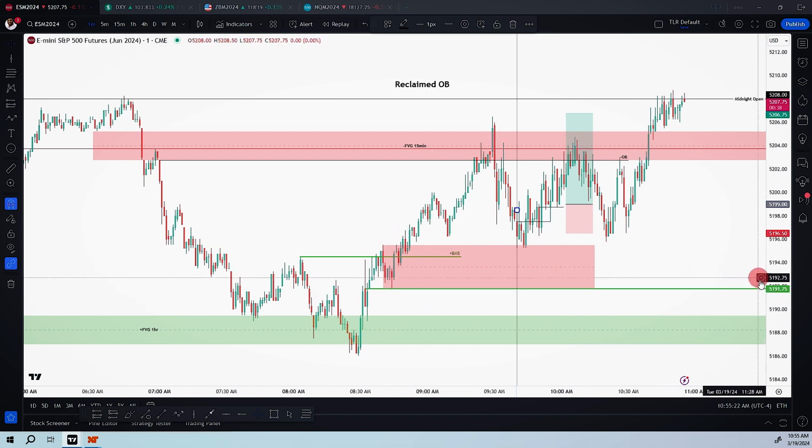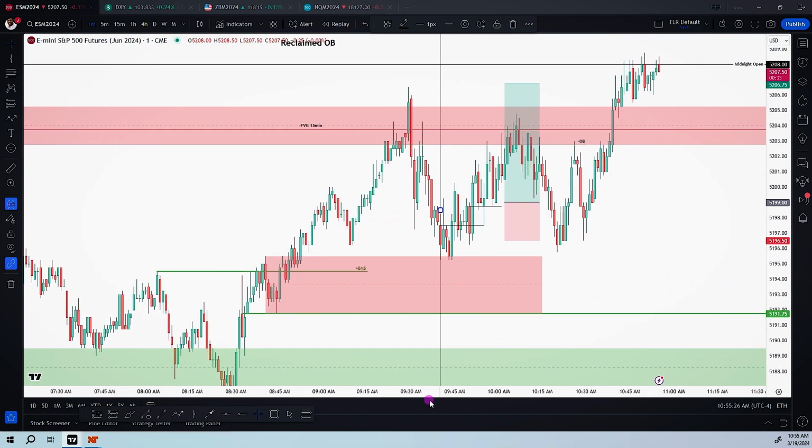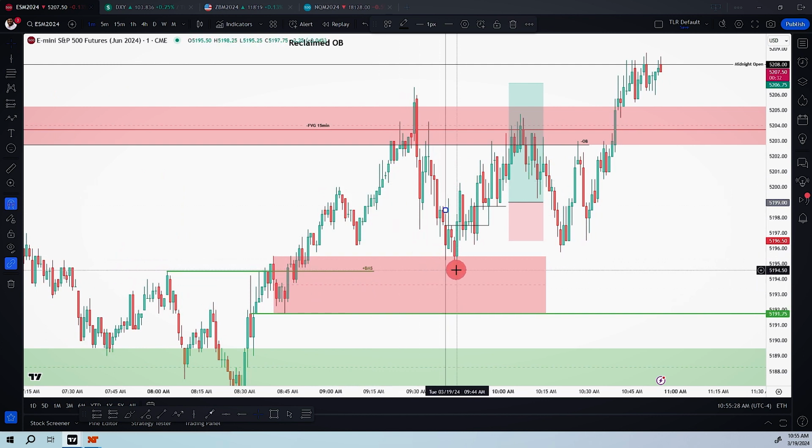Now we're chomping at the bit looking for an entry because the order blocks are playing nice. And now our 5 minute order block is giving us what we want, right? We hit our 5 minute order block right there. Push up. Once we push up, we come back down, come into that order block there.